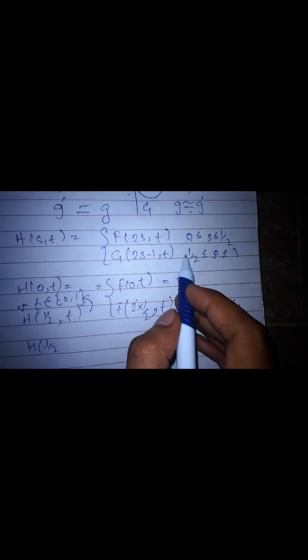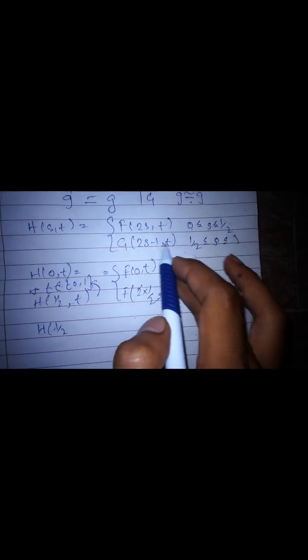We substitute s equal to half again because half lies here and here also. So for this portion we use s equal to half, so H of half comma t is equal to G of 2 into half minus 1 comma t for all t in the closed unit interval 0 to 1, 2 divided by 2, so G of 1 minus 1, so G of 0 comma t.